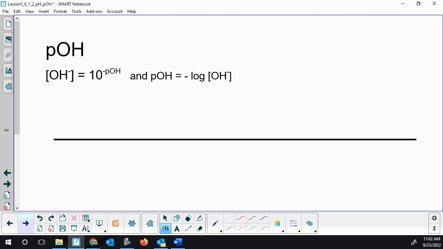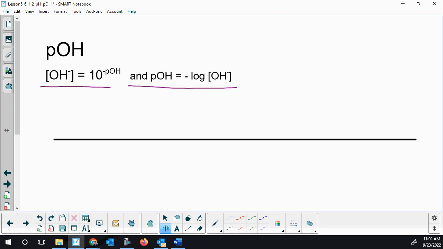So pOH, power of hydroxide. I jumped right to both relationships because they're identical to the pH relationships, but OH is put in its place. So you could have the pOH, and it predicts the hydroxide concentration.